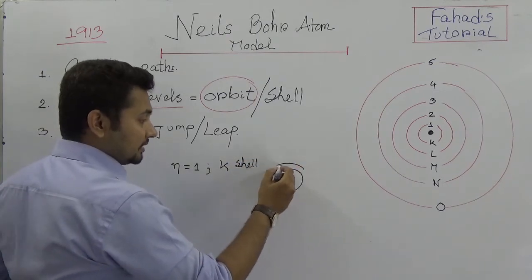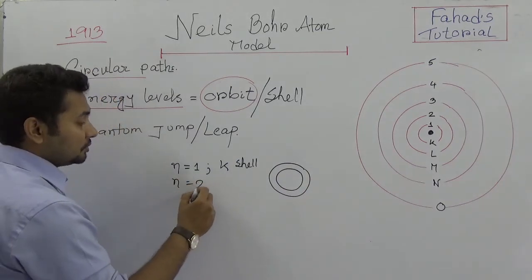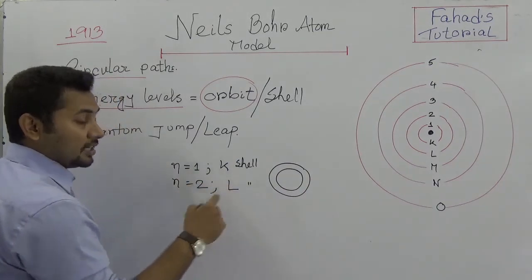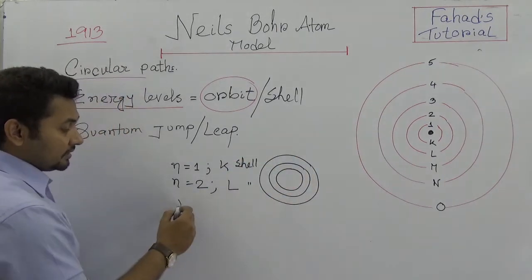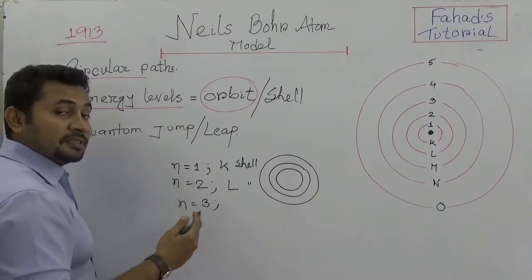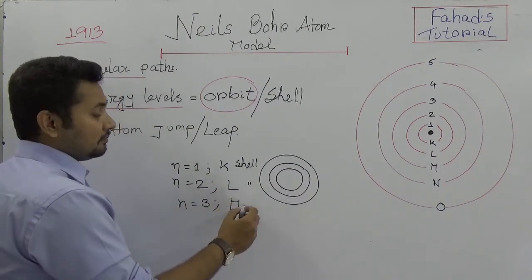When the second shell comes, it is number 2, and this is the L shell. In the case of the third orbit, n equals 3, that means number 3, and this is known as the M shell.